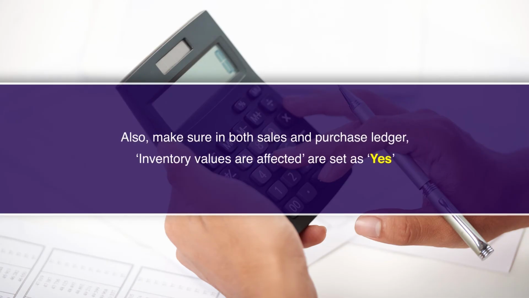Once you set yes in both, accounting and inventory, you are ready to create invoices. Also note that when you create the sales and purchase ledgers, inventory values are affected. This option has to be set as yes, because if you have not set it as yes, you will not be able to record the details about the inventories.